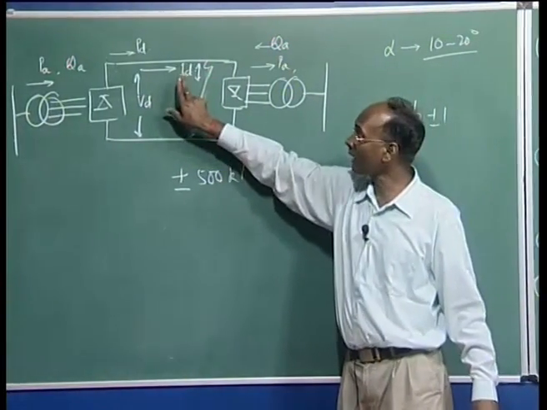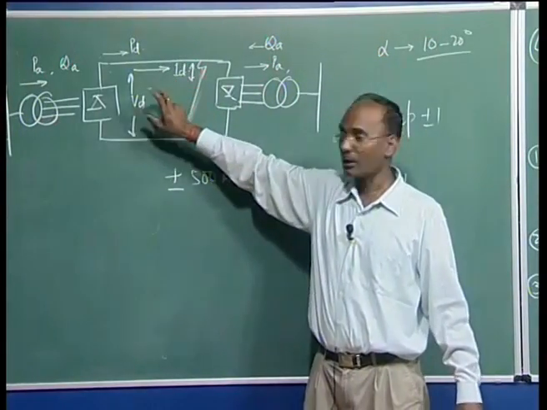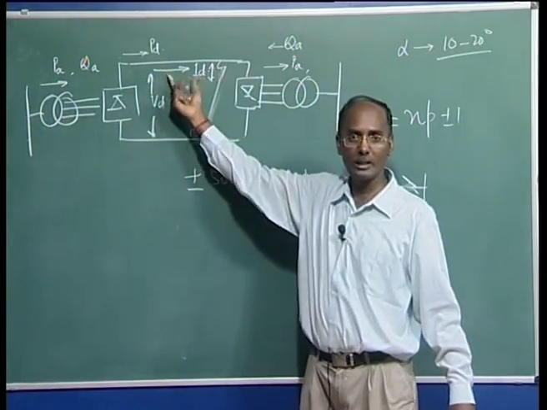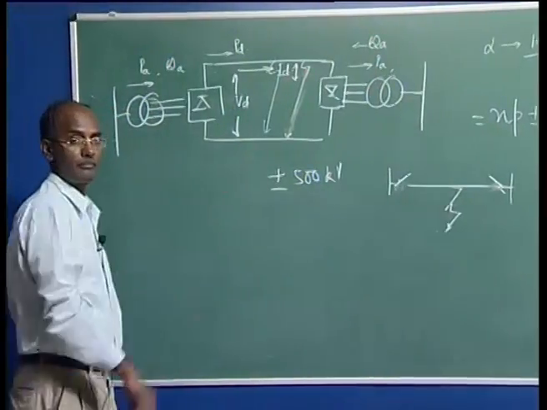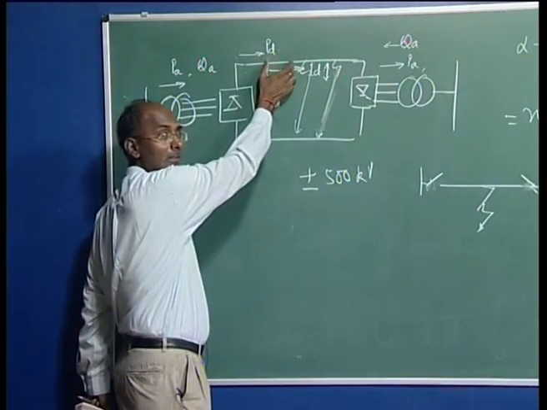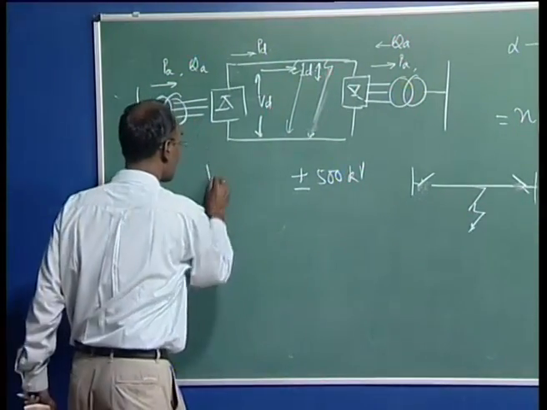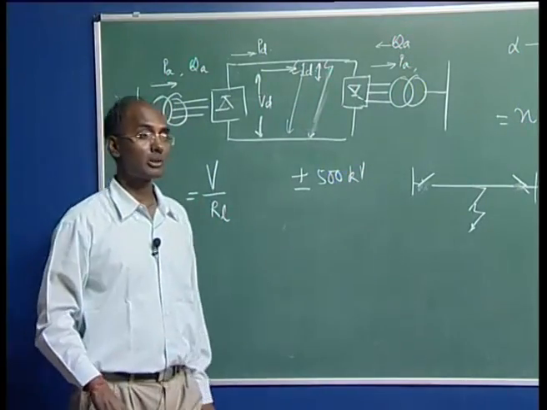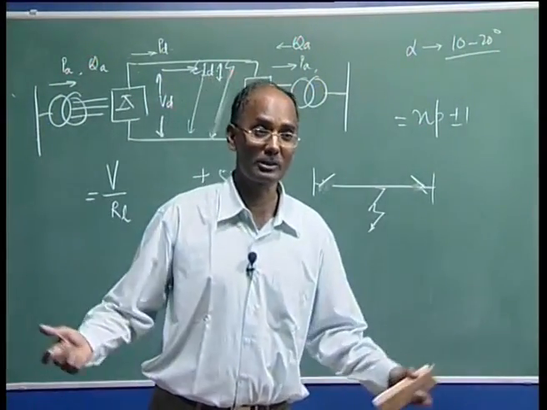But suppose we are not operating with the constant ID here, what happens, you are operating here as a constant voltage and varying current. Now you can see if the fault has occurred here, this voltage is constant and this resistance is very small, as a DC resistance, no reactance, and that value you divide by your RL, this current is almost 20, maybe 20-30 times the rated current, and then you can imagine what will happen to the line.